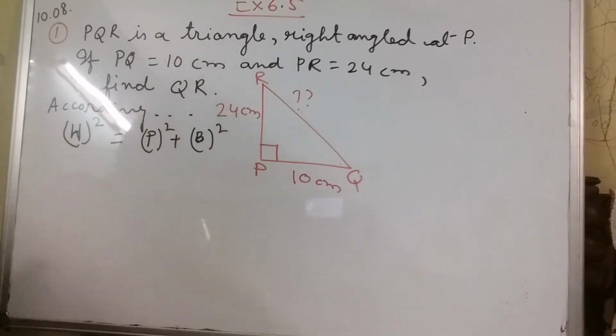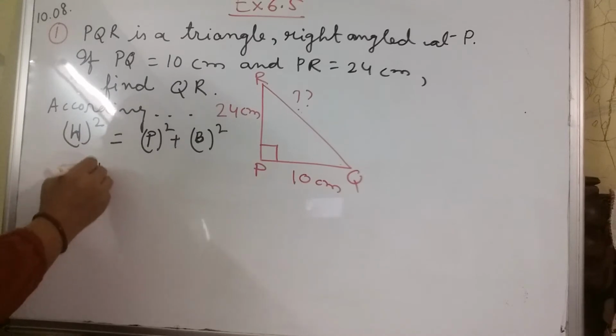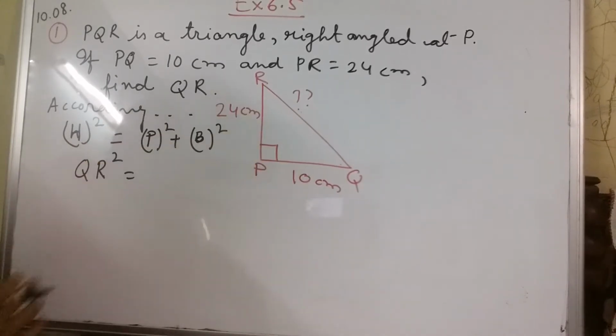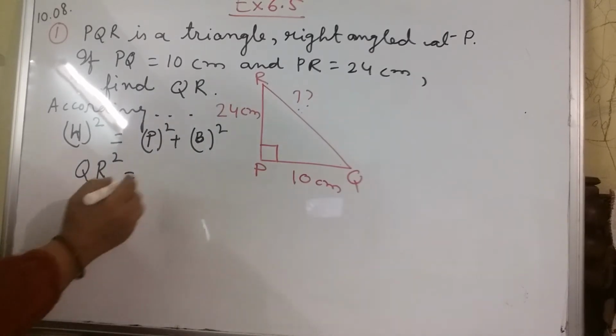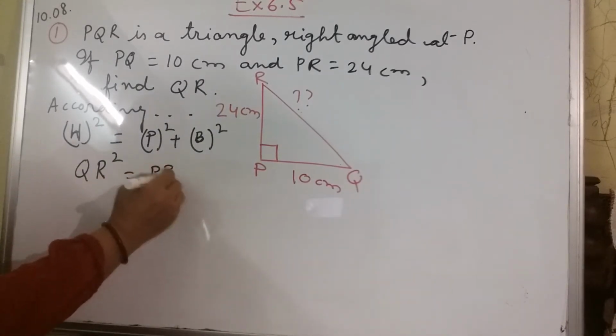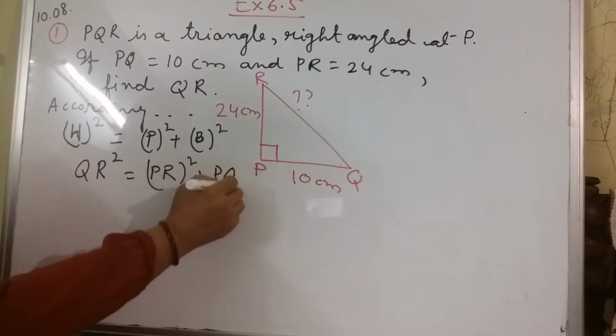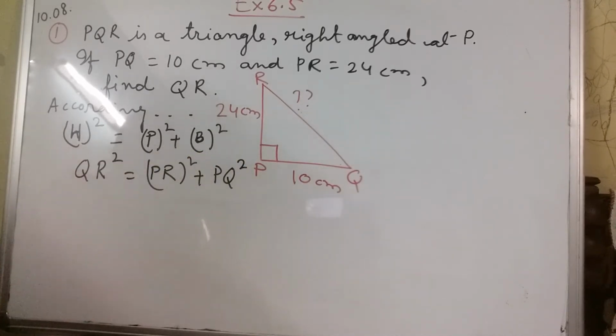Using this theorem we can write it as QR square, because QR is its hypotenuse now, equals PR square plus PQ square.